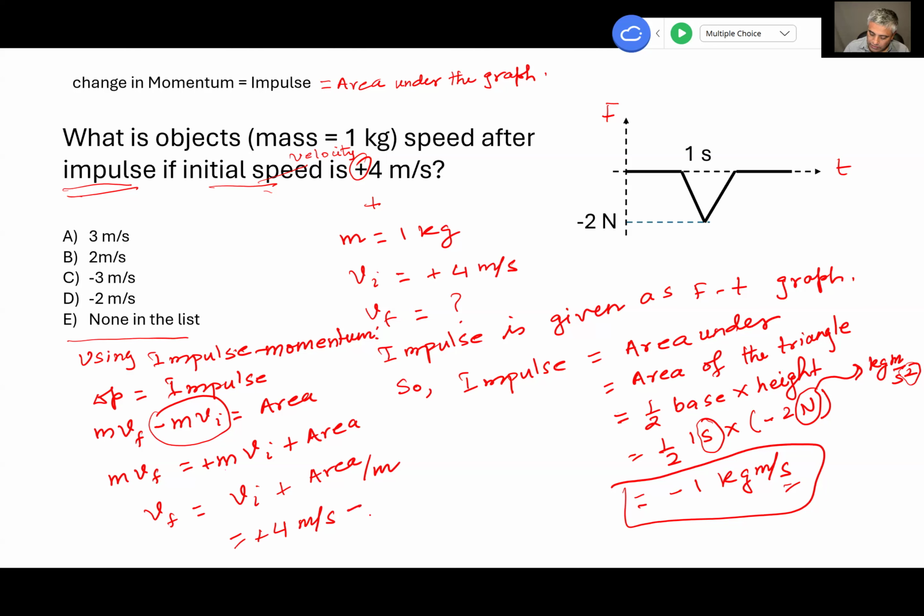And this area was -1 kilogram meter per second. And mass is 1 kilogram. So this kilogram and kilogram cancel, giving us how much?